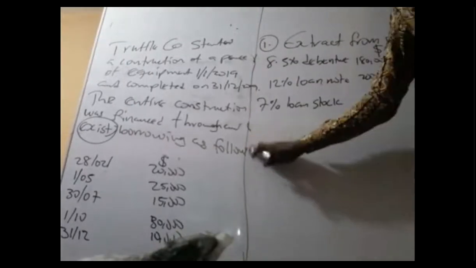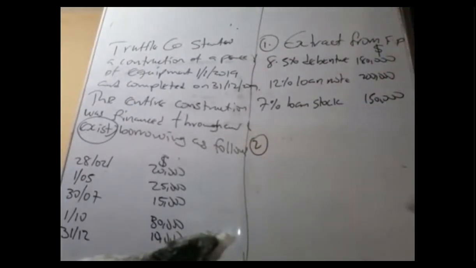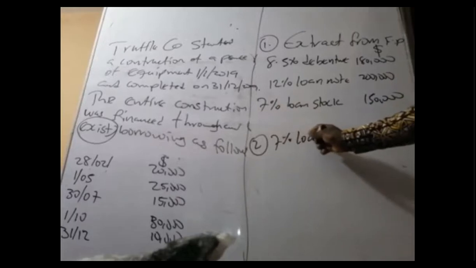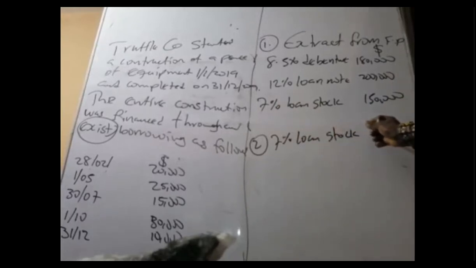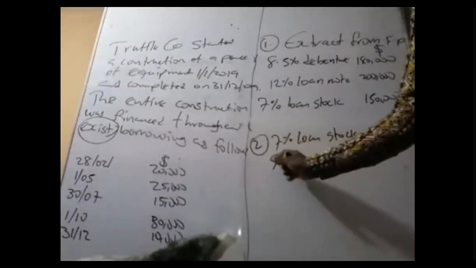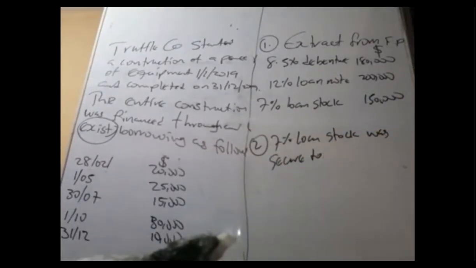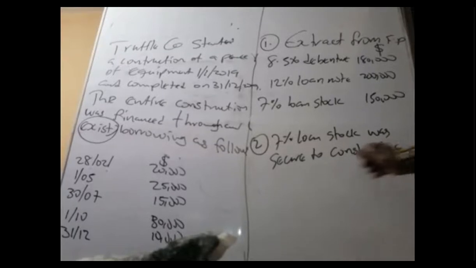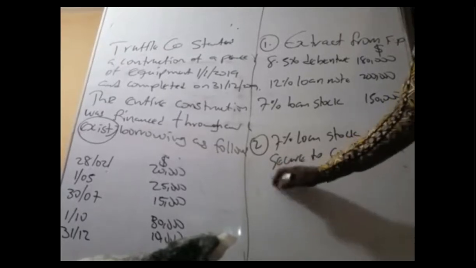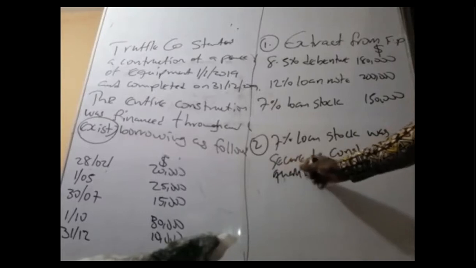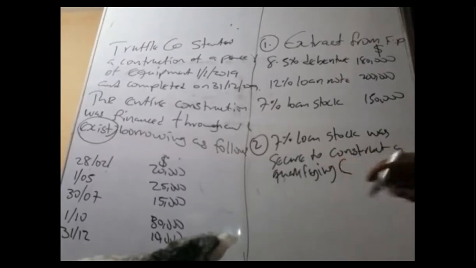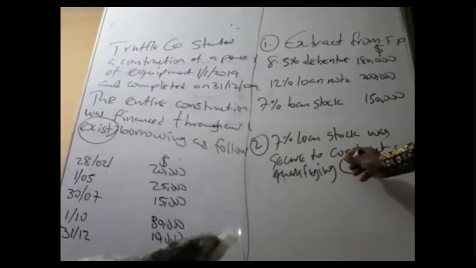Let's go to note 2. Note 2 will explain this loan note. It says 7% loan stock secured to construct a qualifying asset, that is in brackets, a piece of machine.